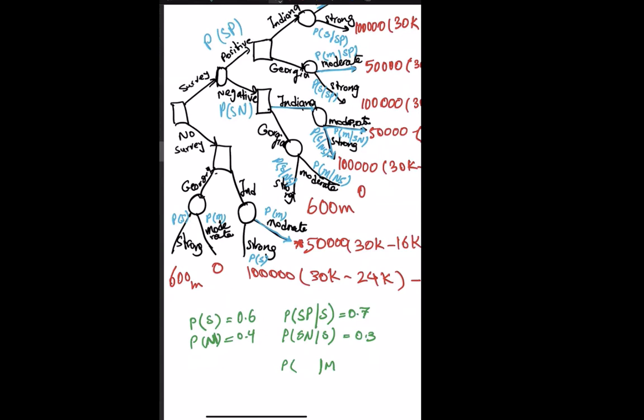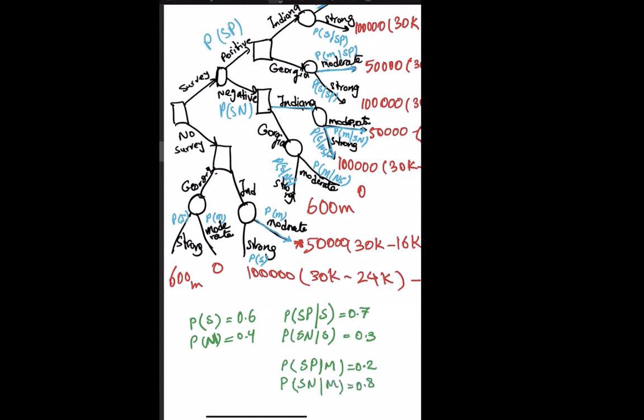For vehicles that eventually had moderate sales, the marketing survey indicated positive attitude. What percentage? That's 20%. Yeah. What is the complement of this one? The probability of negative survey given moderate sales is 80%.